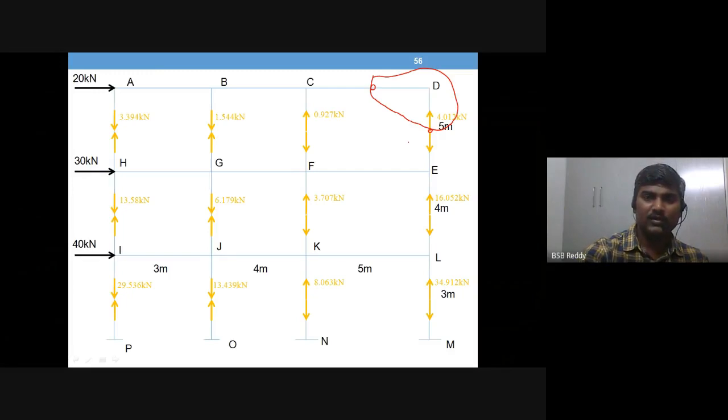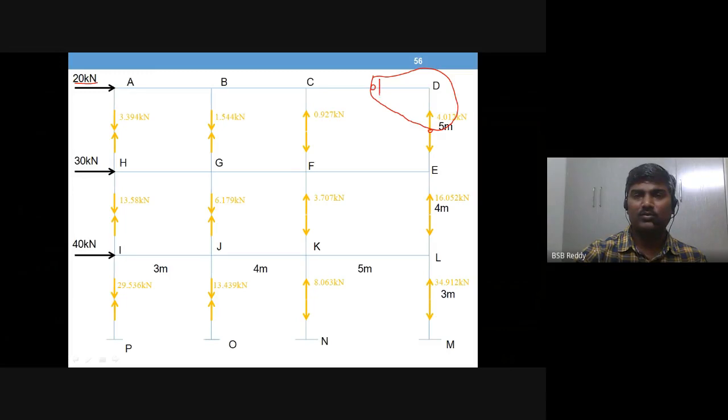Okay. So you may get a doubt, but when you take joint A, why don't we consider this 20 kilonewton? You are applying sigma F y equal to 0, so there is no point in taking 20. 20 is horizontal, so it won't come into the equation. Right. So 0.012 is the force at D upward.